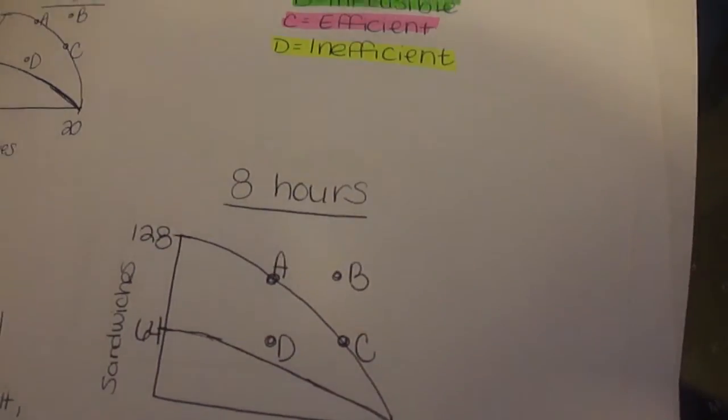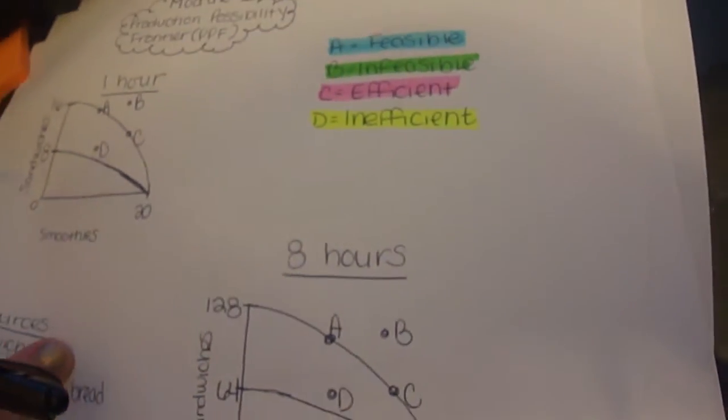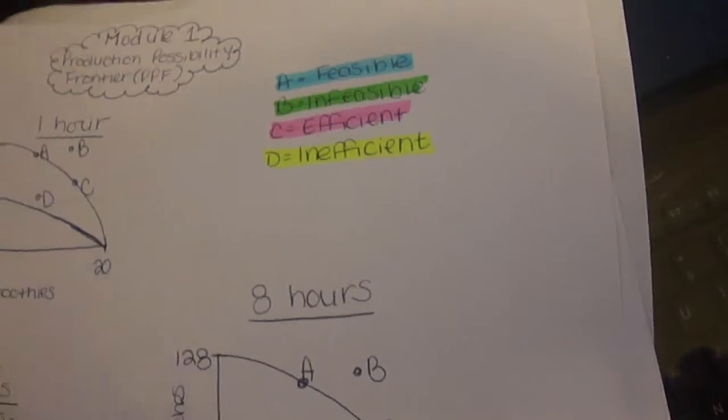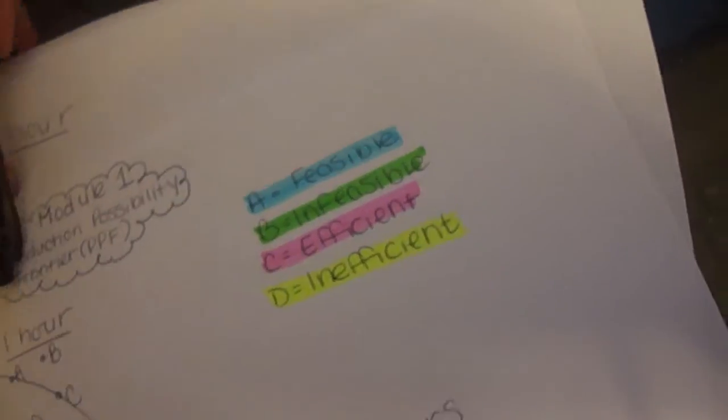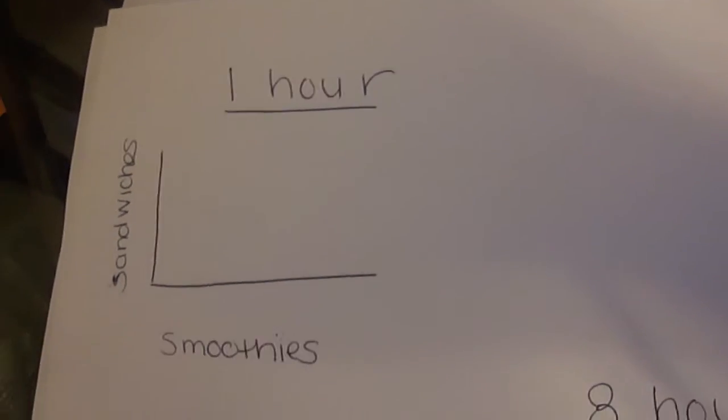Now, if a technological improvement in the production of one of my goods happened, let's say my technological improvement would be that my blender for my smoothies could blend 3 times as fast.